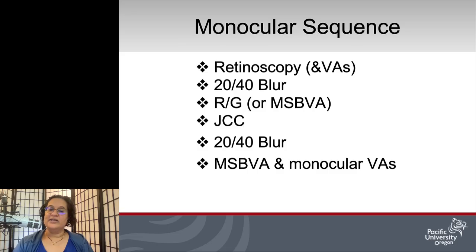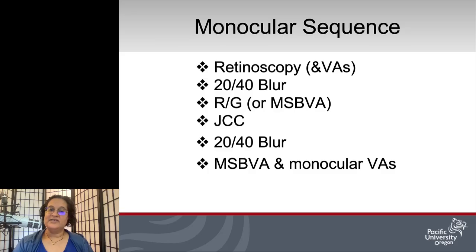And then once you have your JCC completed, you're going to blur the patient up again and do a second spherical refinement, which is your MSB VA. And then you will check monocular VAs. So you're checking VAs after retinoscopy. And now that you've completed the monocular sequence, you're going to check VAs at the end of this monocular sequence.